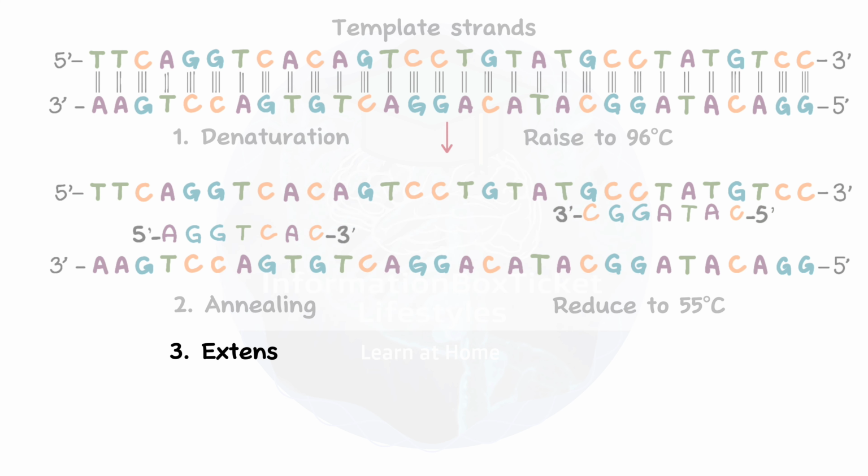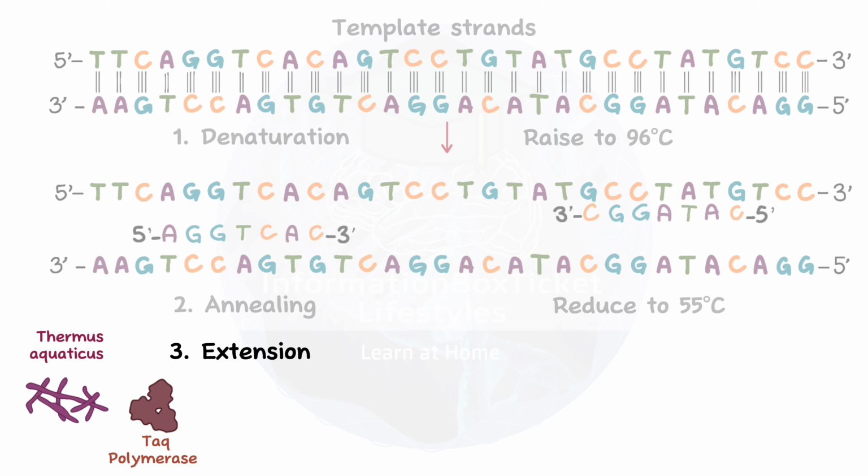The third step is known as extension. And here we aim to create the ideal environment for Taq polymerase to get to work. Taq polymerase is quite an impressive enzyme. It originates from a bacterium called Thermus aquaticus, which thrives in geothermal hot springs.